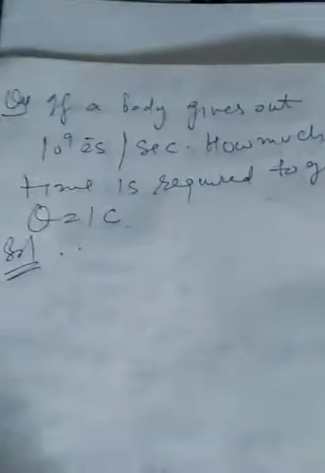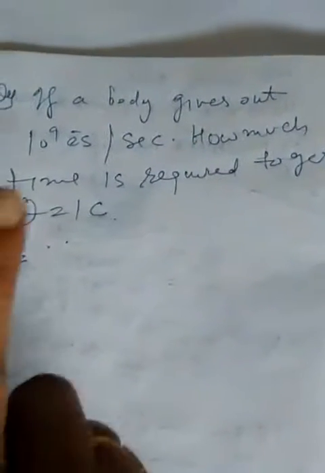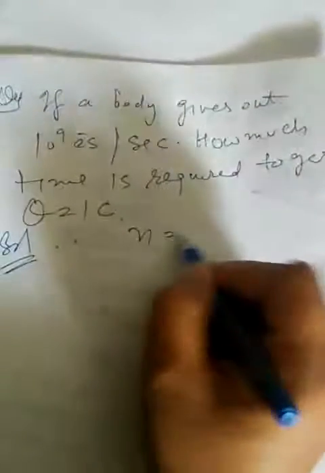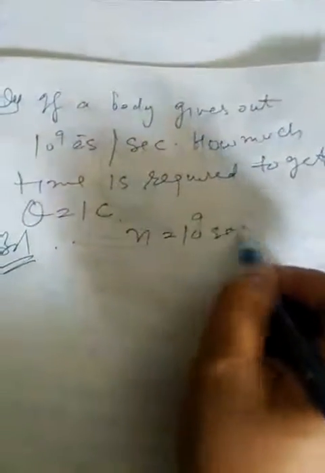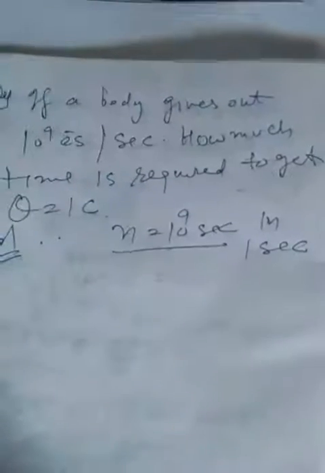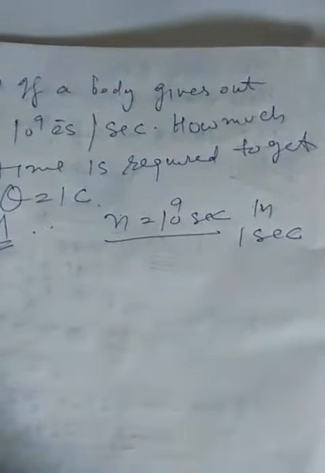You have to understand this problem first, then we can apply it. If a body gives out 10^9 electrons per second, this is the number of electrons being emitted in 1 second. First of all, we have to find out the total charge present in 1 second.